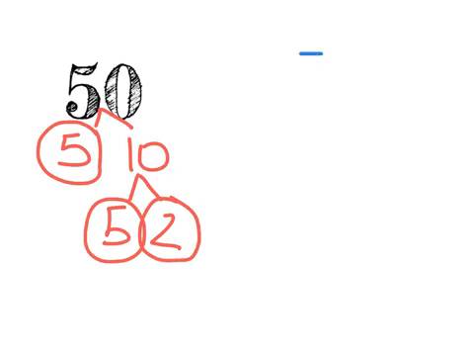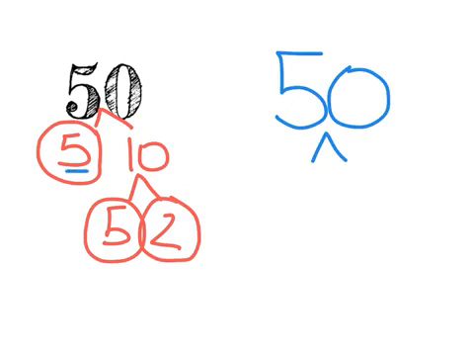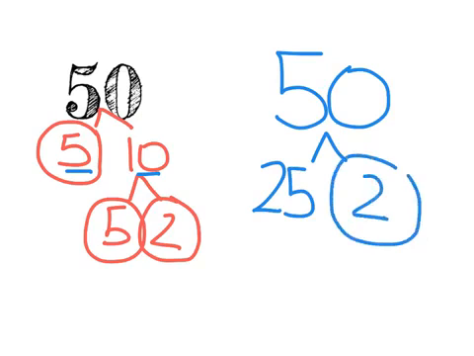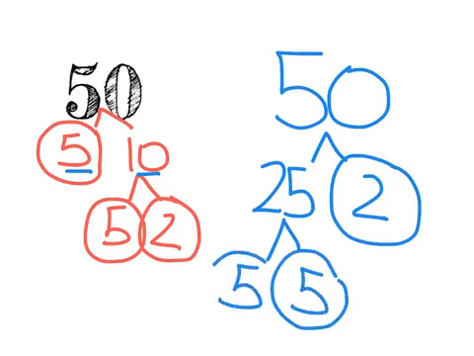Let's look at this one more time with a different strategy. Let's say that you are a kiddo that instead of breaking it up 5 and 10, you broke it up 25 times 2. 2 is prime, so I lasso them off. Let's break that 25 apart. 5 times 5, I lasso them off.